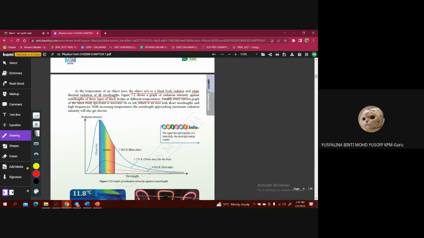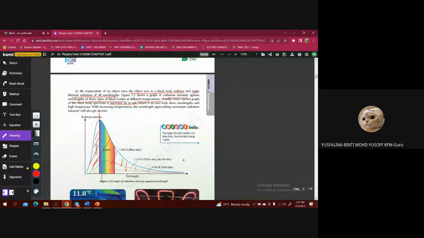Usually every curve of the black body spectrum is narrower on its left. If I divide it at the middle, this side will be narrow and this side will be wider. The left is the area with shorter wavelength.